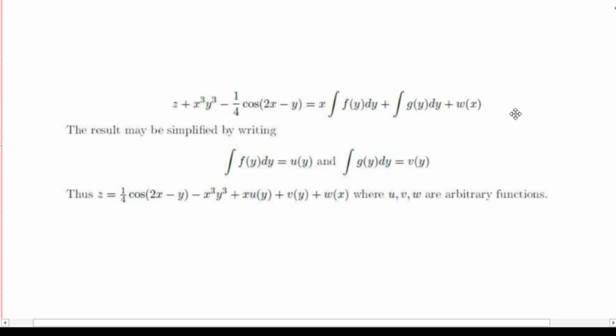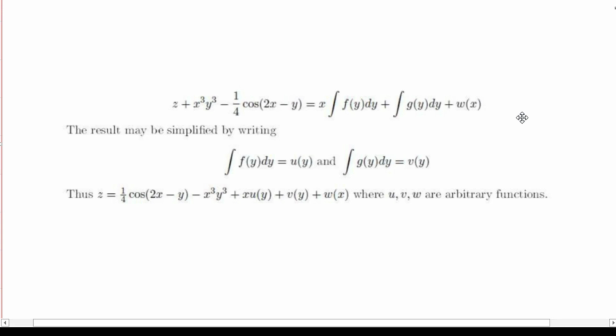So finally we will get the solution as z is equal to, keeping z on one side and the other terms on the other side, 1 by 4 cos(2x minus y) minus x³y³ plus x into u of y plus v of y plus w of x, where u, v, w are arbitrary functions.